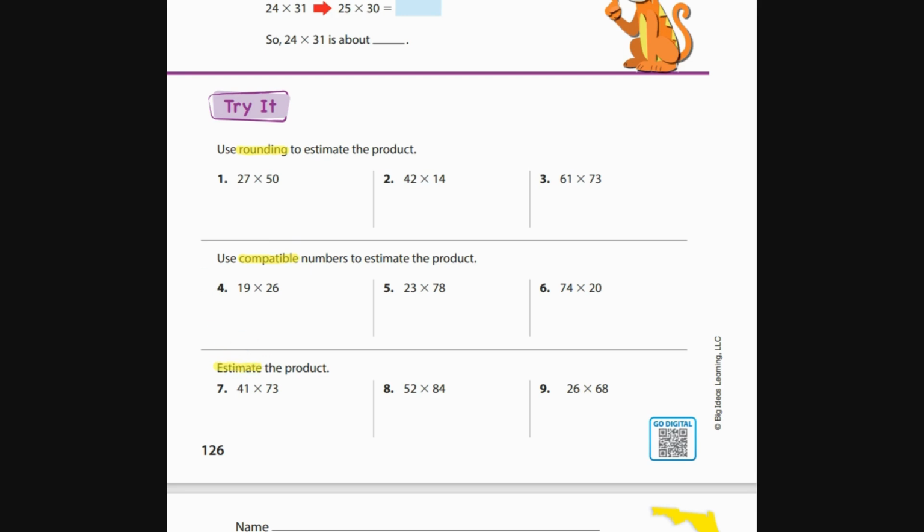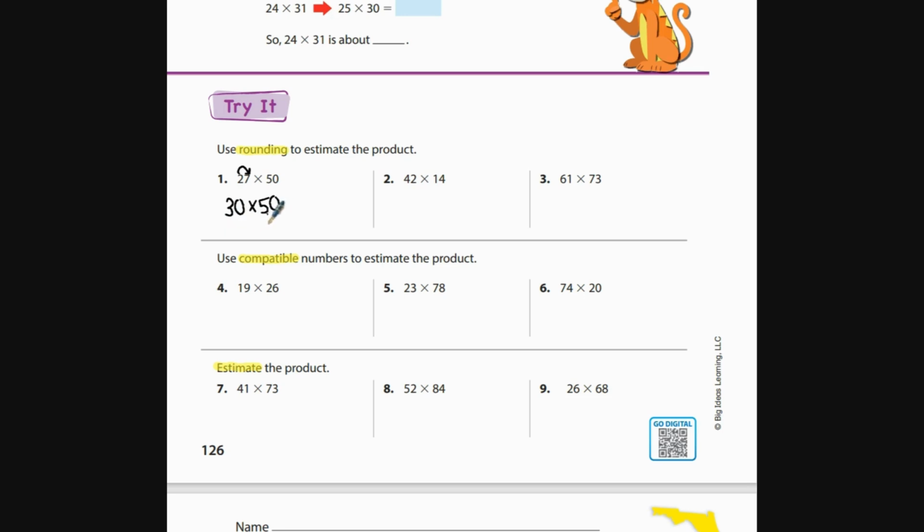So let's use what they're telling us, rounding, no compatible. So let's just round. 27, remember you look at the neighbor, 7, 5 or more, raise the score of the 2, 30, times, do we need to round 50? Nope. So that stays 50.